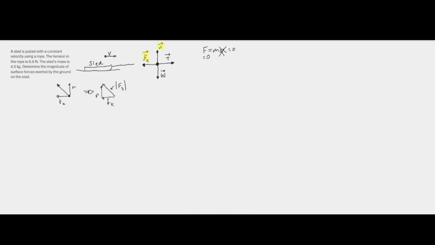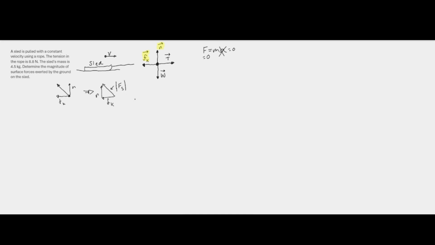If you look at this, we've basically completed this tail to tip method, and then we drew the sum from the tail of F sub K to the tip of the normal force. So we're looking to find the magnitude of these surface forces.